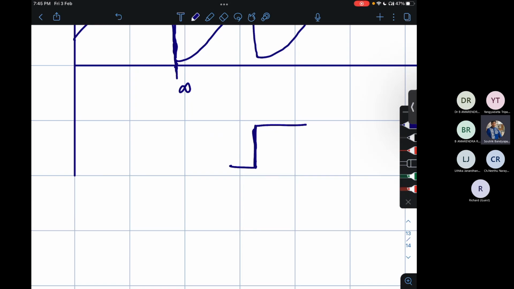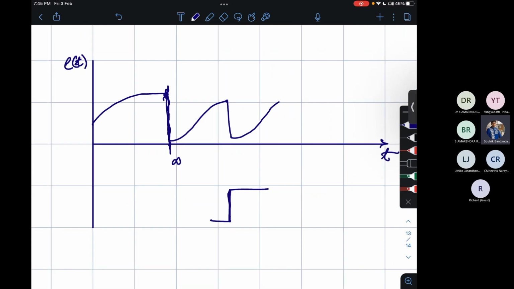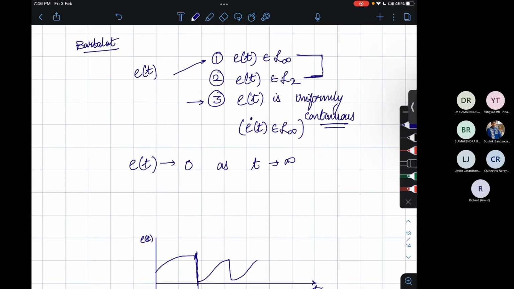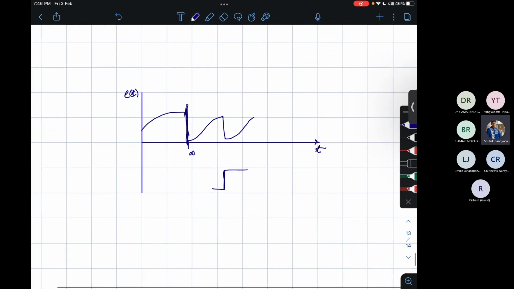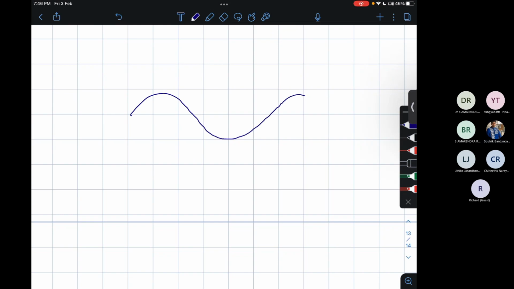So this sharp jump characterizes infinite time derivative. It is not continuous, it is not differentiable, or it's not uniformly continuous. This third condition precludes this kind of jumps in the function, right? So this must be a smooth function of time. The signal must be smooth in nature.